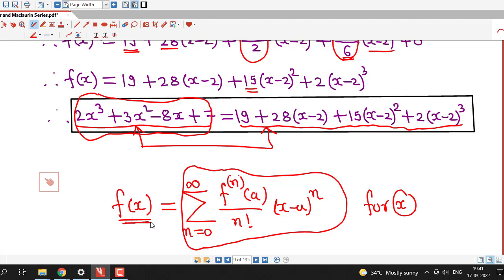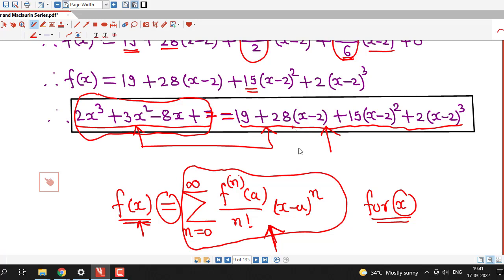It is convergent to f(x) for some values of x, and it may not be convergent to f(x) for other values of x. That is the reason why we are not writing equality whenever we obtain the Taylor series of f(x). But whenever we have a polynomial function, we will have a finite number of terms in its Taylor series, and this will always be equal to the given function.